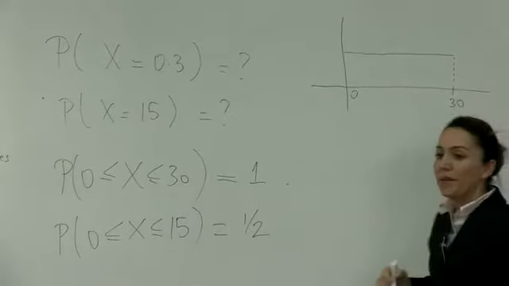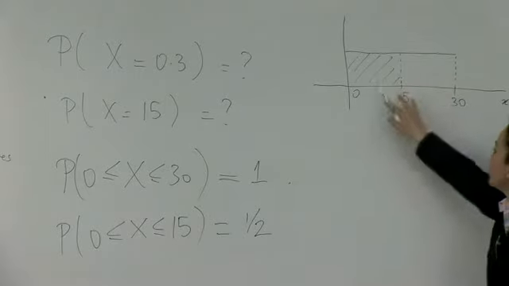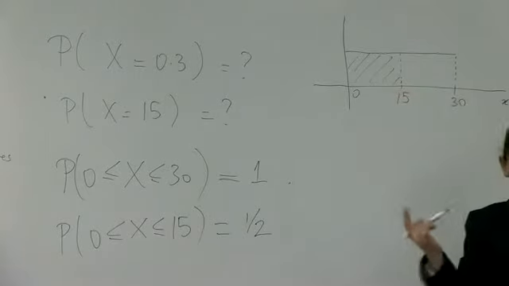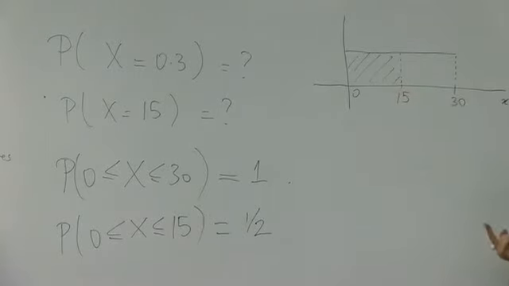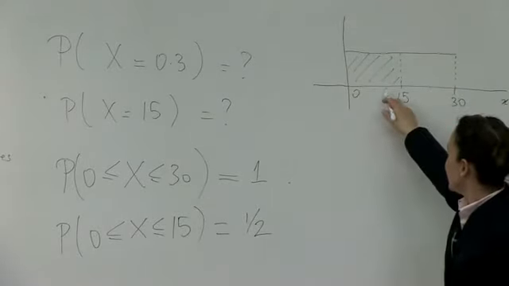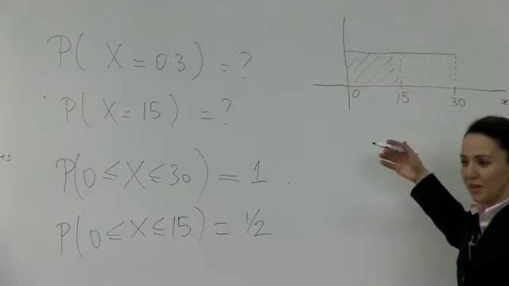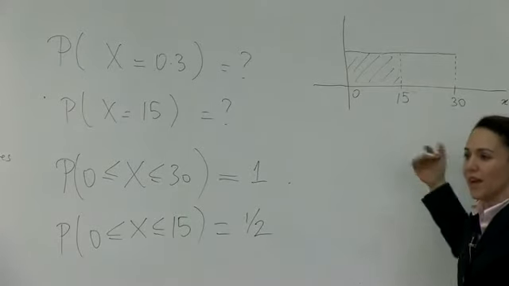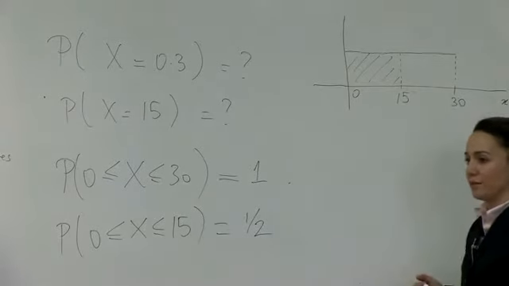The probability of X being less than or equal to 15 is this area. The whole area should be 1. So the level of probability per minute, in a way, probability per unit distance here, should be 1 over 30.